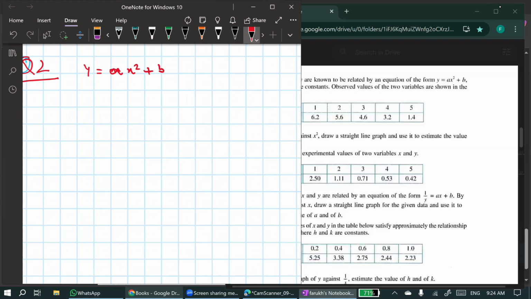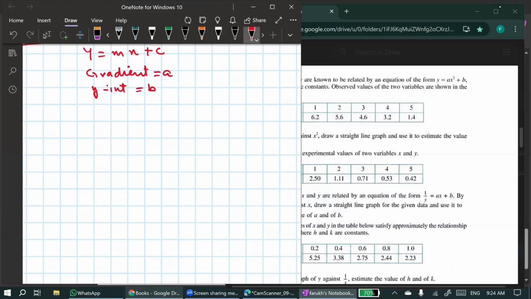When we compare this with y is equal to mx plus c, the gradient is a, and the y-intercept is b.